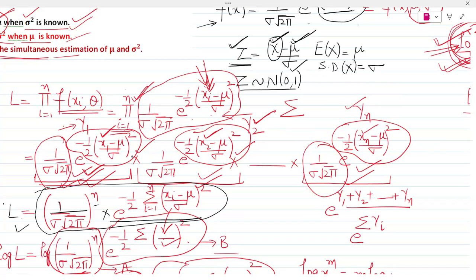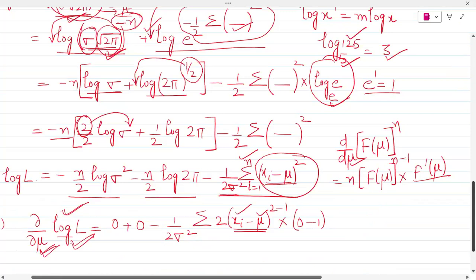So is the derivative of L easier or the derivative of log L? Log L, you can see. Obviously the derivative of log L is easier. So that's why, rather than maximizing L, we maximize log L.